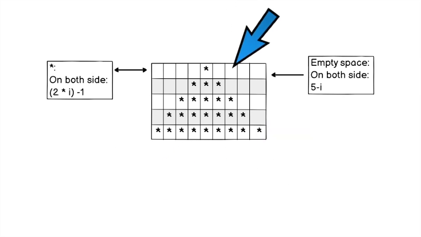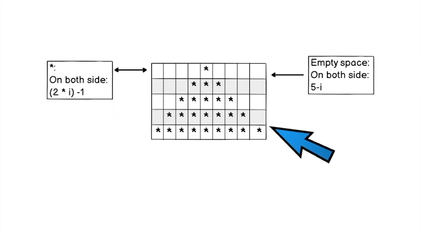Since we already know the outer for loop I always goes from 1 to 5, we can just forget about that. If we see this pattern, empty spaces on both sides is 4 and 4. On the second row it is 3 and 3, third row 2 and 2, fourth row 1 and 1, and on the fifth row there is no empty space.